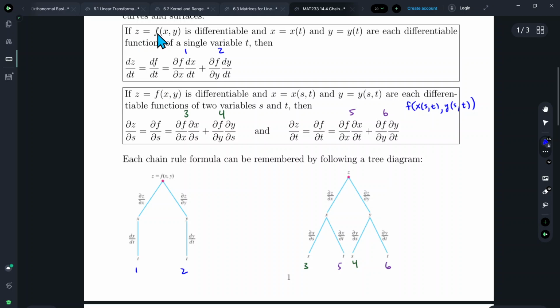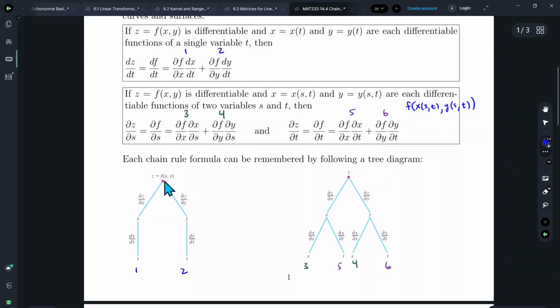So in the first example, you ultimately think of f as a function of t. So it makes sense to ask, how do I differentiate df by dt? And so here in the numerator, you're starting with f. In the denominator, you're trying to differentiate with t.